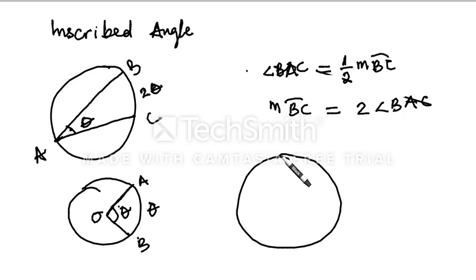Then from a segment, I get my inscribed angle, and from that same segment, I get my central angle.